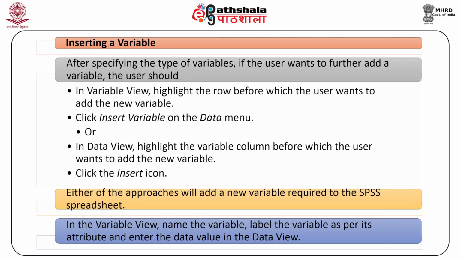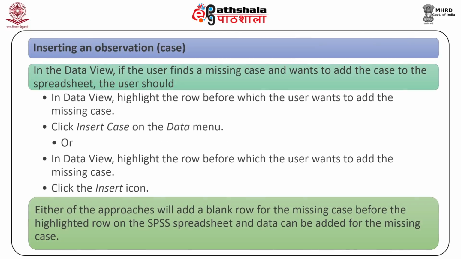Either of the approaches will add a new variable to the SPSS spreadsheet. In the variable view, name the variable, label the variable as per its attribute and enter the data value in the data view.